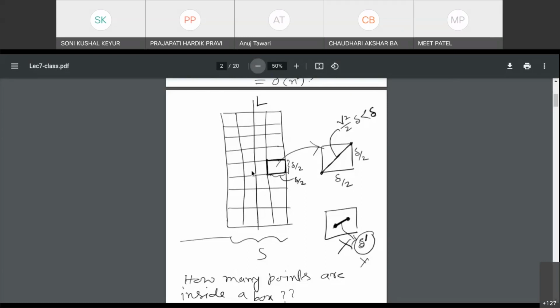So how much time does sorting take? N log n. So finally, your recursion will be T(n) = 2T(n/2) + n log n. And you solve that recursion and you'll get n log squared n, right?